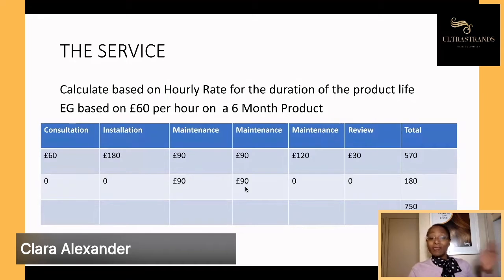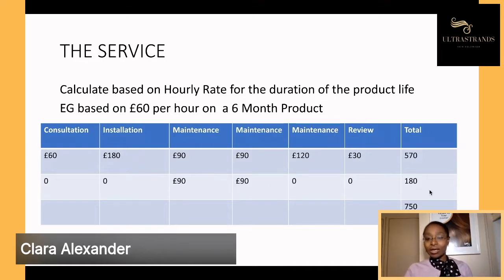Now, if the product lasts beyond that period of time, then I will just take the maintenance points as standard, so the 90 plus the 90 plus 120, depending on what service they're doing. But this is about pricing your product in the initial stage, so that the clients get the best value and you also get the best value as well.